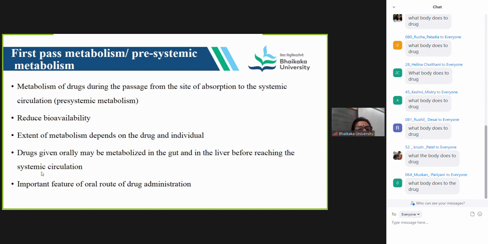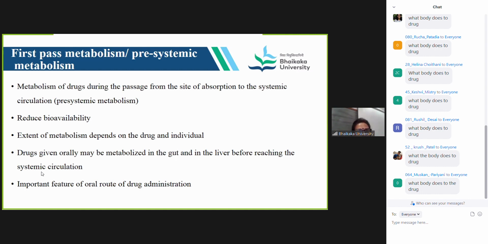That is called first pass metabolism. First pass metabolism has a tendency to reduce the bioavailability, in inverse proportion. The extent of metabolism depends on the drug and the individual. So it is very important for every factor, that is, the drug as well as the patient's factors.